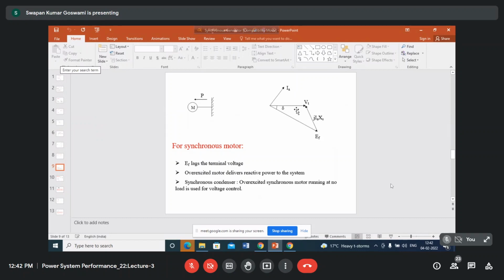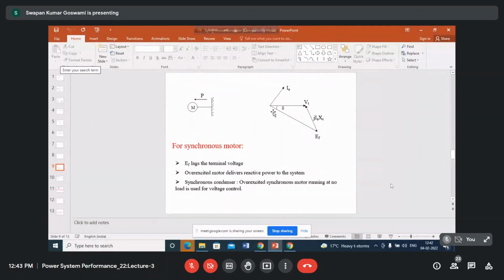Okay, VT will lead EF because power is flowing from terminal voltage to induced EMF. Here note that the magnitude of EF may become greater than VT, and then also power is flowing from terminal to induced EMF. Okay, so the power flow depends upon the phase relation, not on the magnitude of voltage in case of AC. From leading vector to lagging vector, power will be flowing.